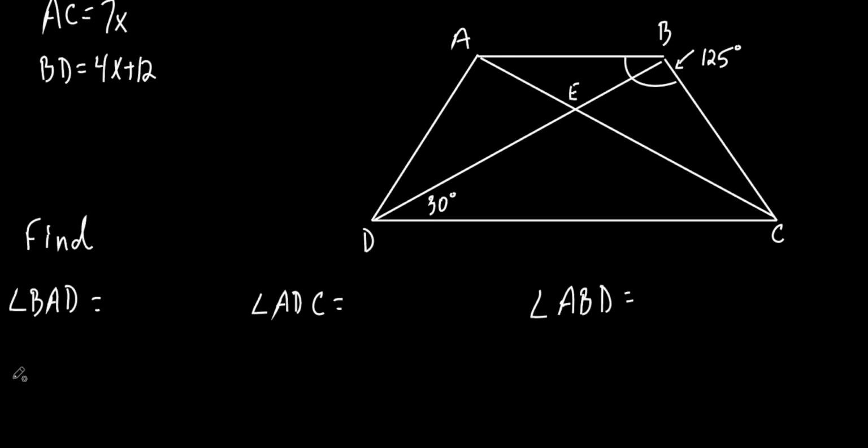You want to find angle ACD, and then AED. And then the last one, you're not finding an angle, you're just finding a side, and that's what you want to find right there. All right, here we go.